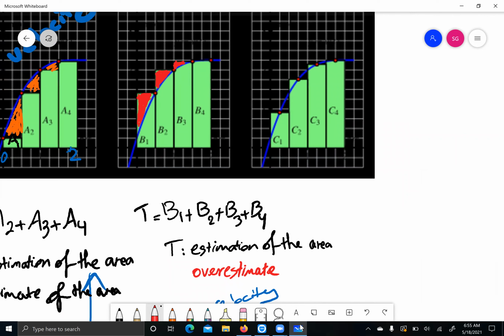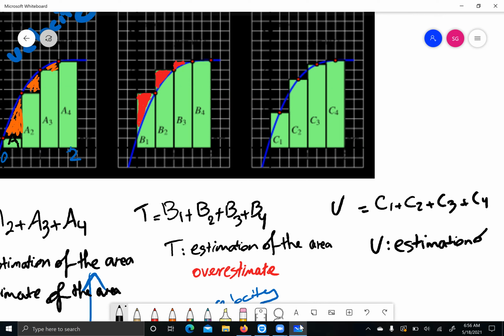If you add C1, C2, C3, C4 and call it U, U is also an estimation of the area. But the difference is that it's a better estimation than the other 2. The value is closer to the real value.